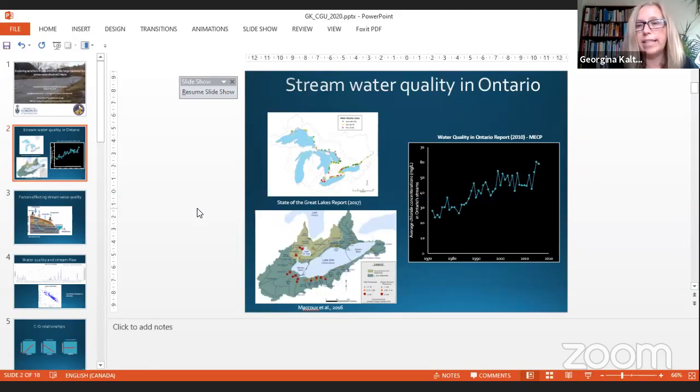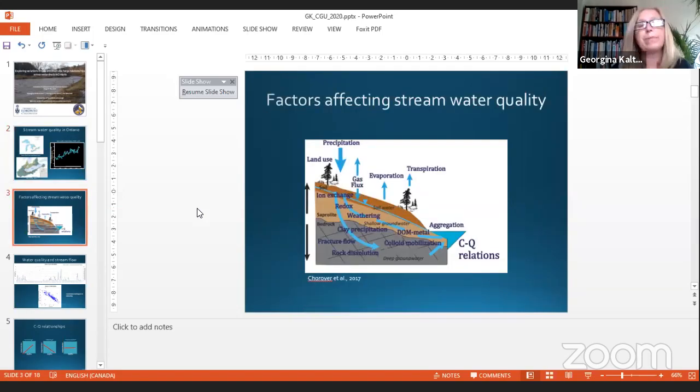And not surprisingly, in these watersheds we see poor water quality associated with high stress. A couple of the key issues facing water quality in Ontario: with increasing urbanization and increasing road salt use, we've seen increasing chloride concentrations in streams over time. And there are also occasions of elevated nutrients in watersheds, particularly agriculture and urban.